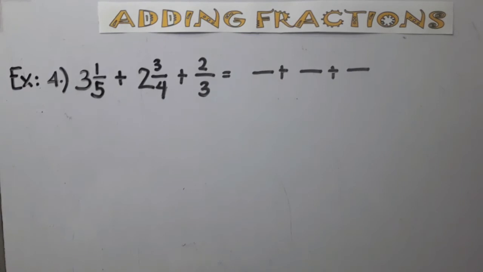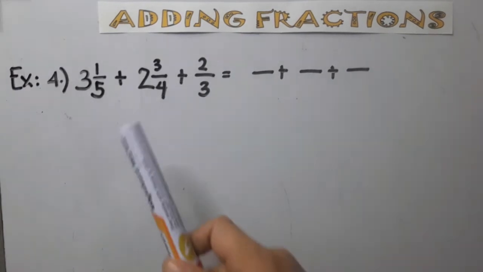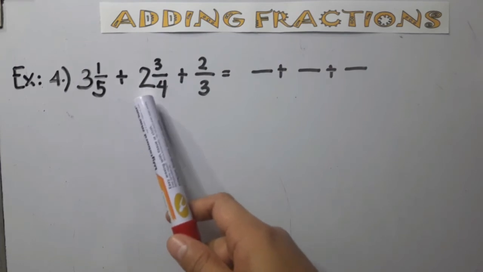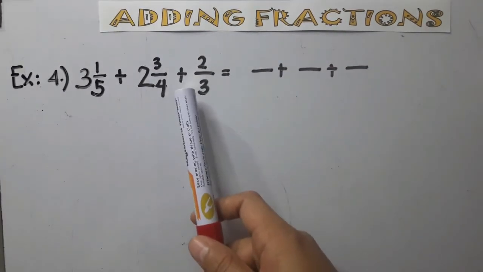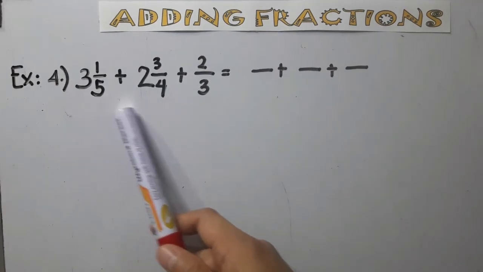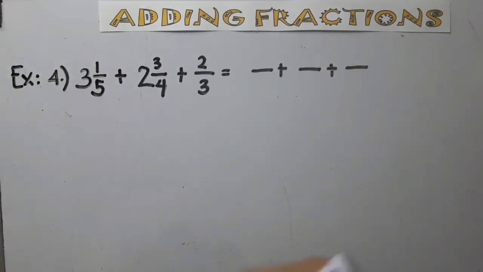So our last example is a mixed fraction. So we have 3 and 1/5 plus 2 and 3/4 plus 2/3. So they are dissimilar fractions. The denominators are not the same, so we're going to make them the same, or change them into similar fractions.